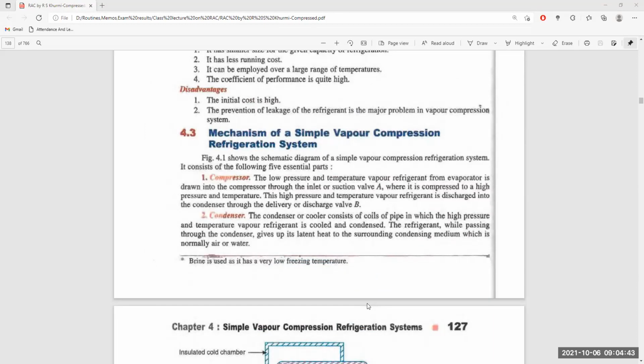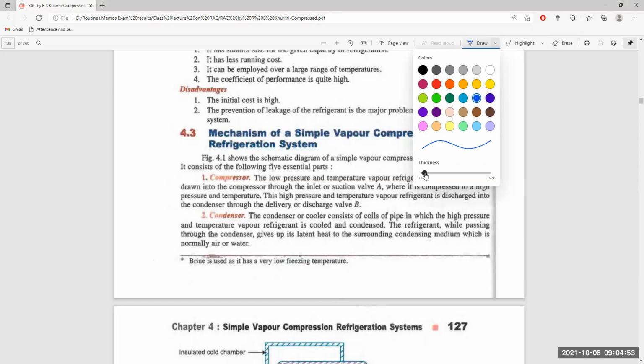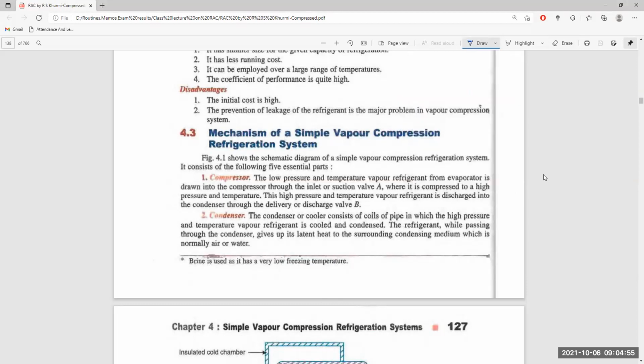Now, we know that we have components like the compressor, which is used to compress the refrigerant from low pressure and temperature to high pressure and temperature.